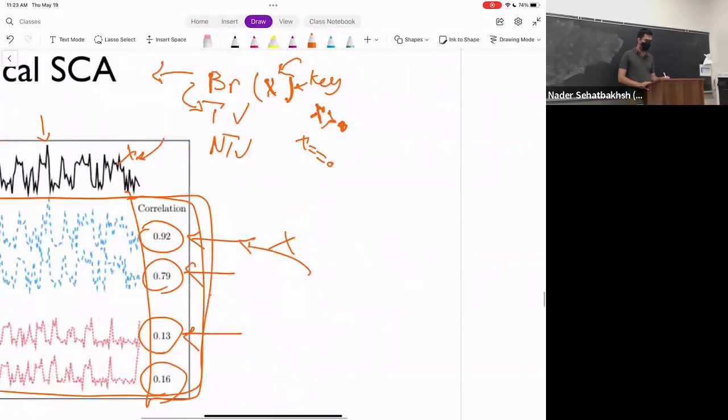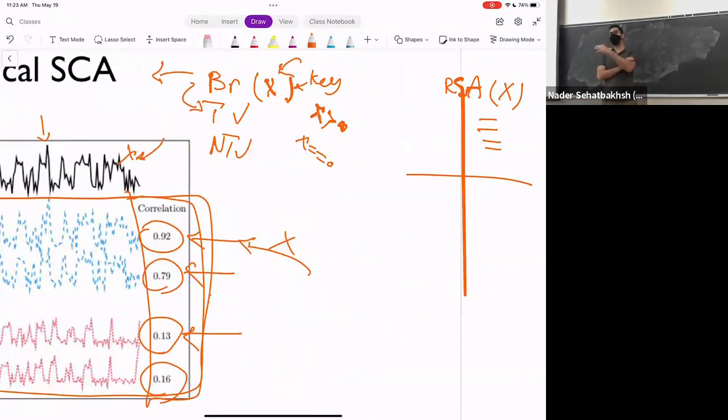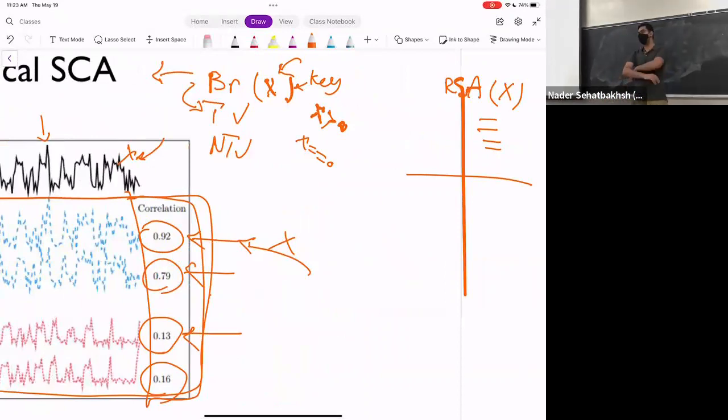Remember we had the RSA thing, and based off the key, we do some sort of activities, right? And during the side channels, I told you that this is one way of finding that x, by just looking at the branch pattern and trying to see whether the branch was taken or not. Okay. Any questions?